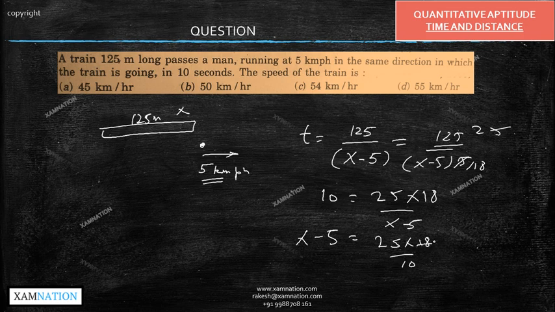So 9 by 5 and 5, so it's like 45, and x plus x is 50. So x is basically 50 kilometer per hour. So B is the correct answer.